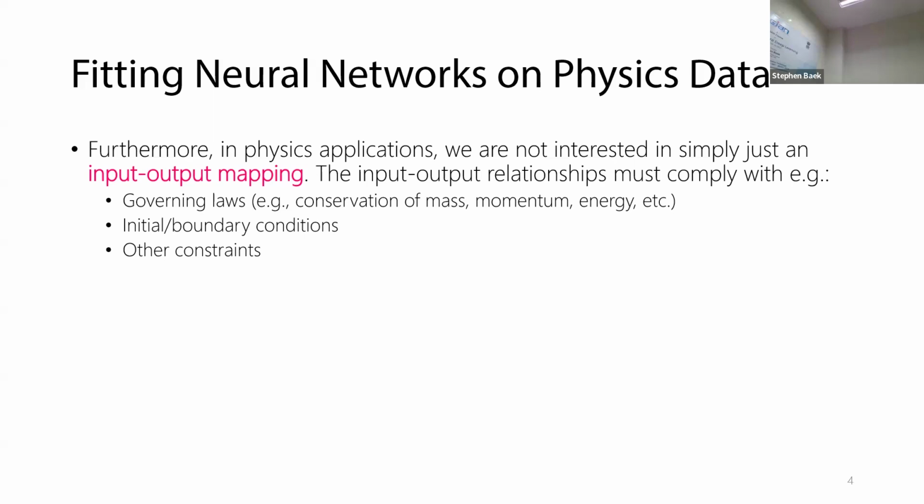So instead, for the applications that we're considering, we would like the model predictions to comply with governing laws, boundary conditions, and other physical constraints is our hope here. But we still don't know yet how to make neural networks work in that way.